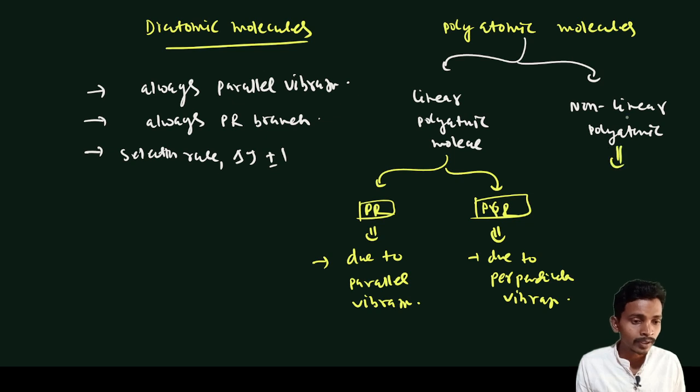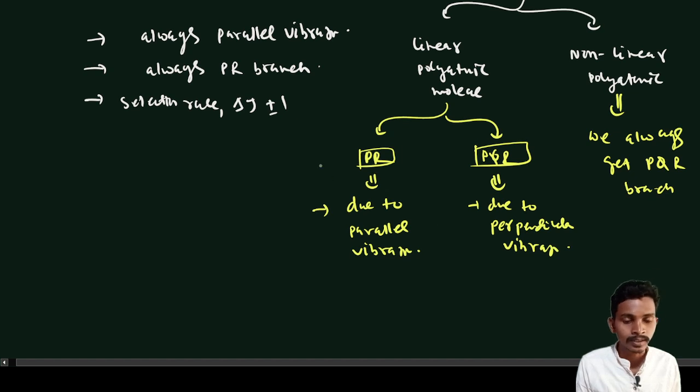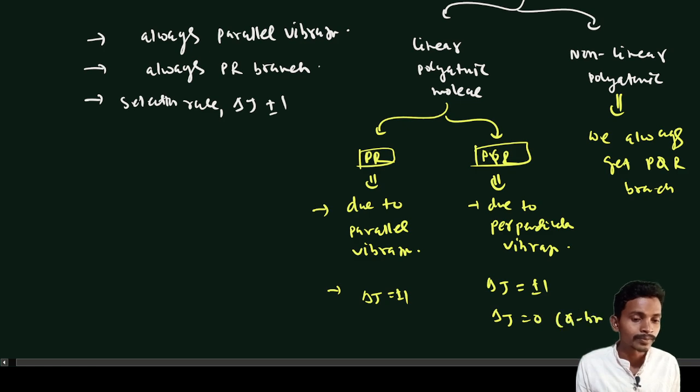Whenever you discuss non-linear polyatomic molecules, we always get the PQR branch. The selection rule is delta J equal to plus minus 1 for the P and R branches, and delta J equal to 0 for the Q branch.